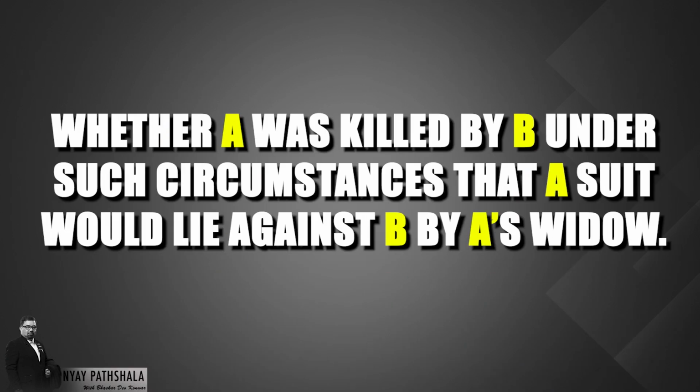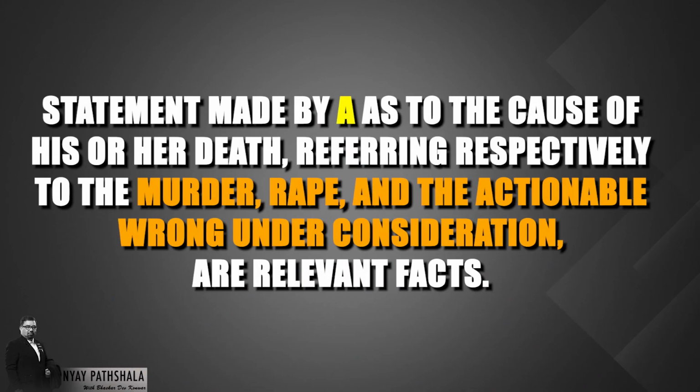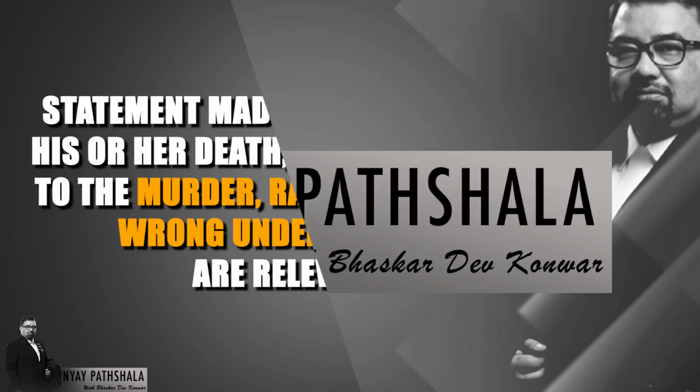The question is whether A was killed by B under such circumstances that a case would lie against B by A's widow. In this case, the statement made by A as to the cause of his or her death, referring respectively to the murder, rape, and the actionable wrong, are relevant facts. So I would request my viewers to read this illustration A to section 32(1).